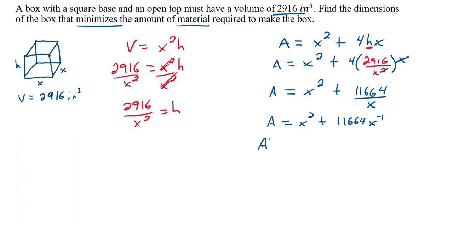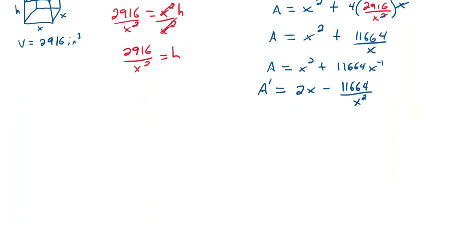The derivative of the area function would be 2x minus 11,664 times x to the -2. I might actually just write it as over x squared right now. That'd be the same thing, just skipping that step.